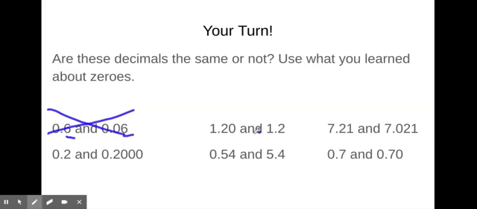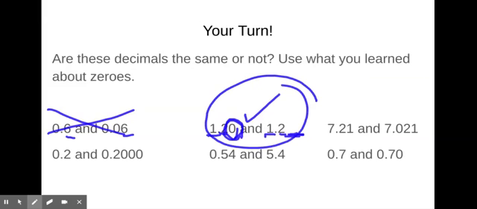In both of these decimals, they have a 1 in the ones place, a 2 in the tenths place, and one of them has a 0 in the hundredths place, and the other has nothing in the hundredths place. Well, 0 and nothing are the same thing. They both represent nothing there. So these are the same. Remember that any zeros after the last digit don't change the decimal's value. These two are the same.